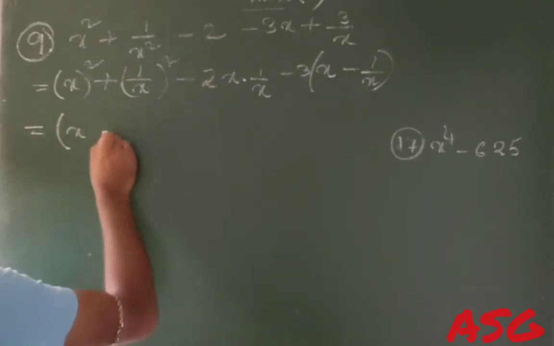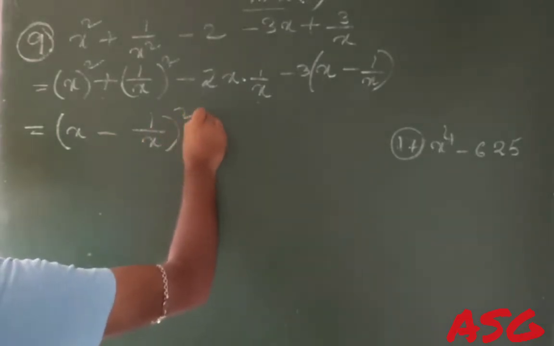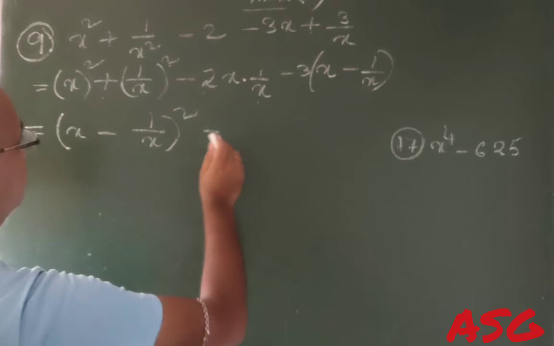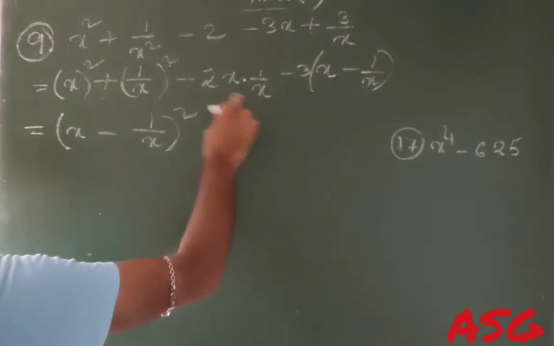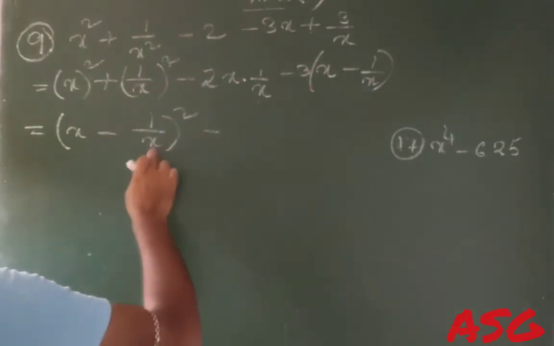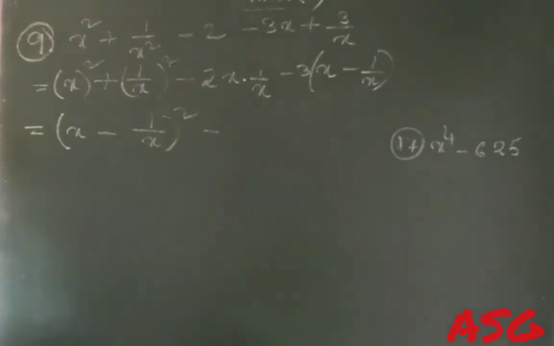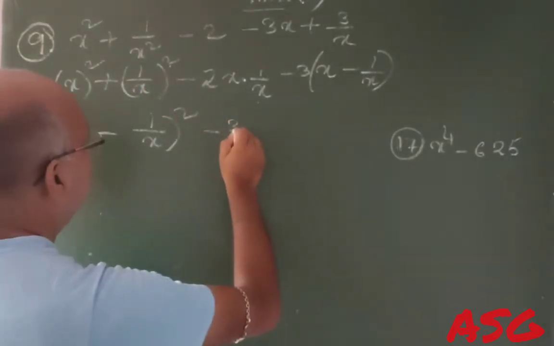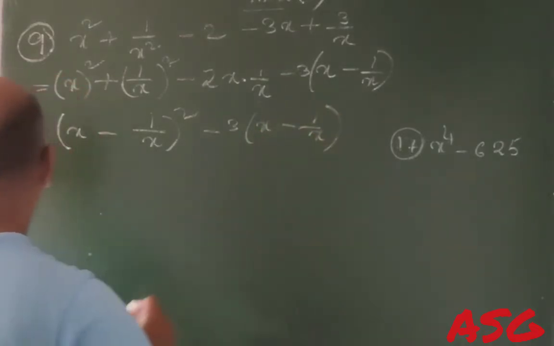A is your x minus b is your 1 by x whole thing square, minus 3. Same term I should write, x minus 1 by x.